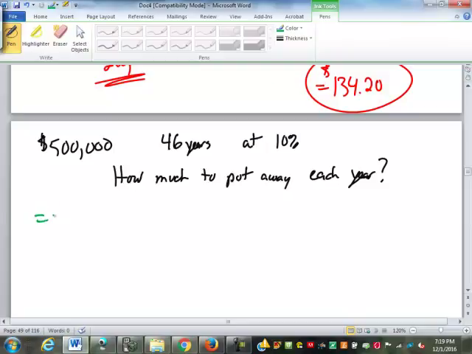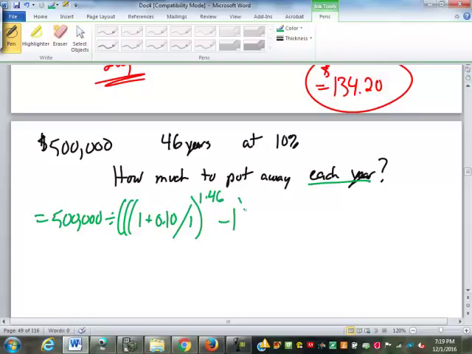So that payment amount is the 500,000 divided by 1, 2, 3, 1 plus 0.10 divided by 1, because it's each year. The power of 1 times 46 minus 1, close, divided by, open, 0.10 divided by 1, close and close.